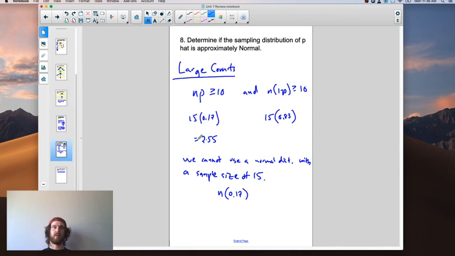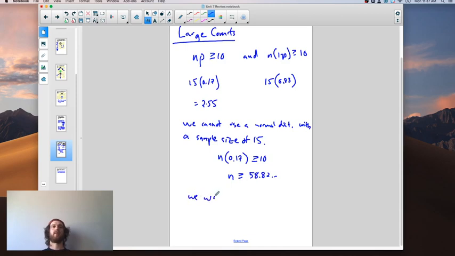Because that's going to be the limiting factor. When you multiply these two together, you do get bigger than 10, so it's not a problem. It's this one that's the problem. So you say n times 0.17 needs to be greater than or equal to 10. If you divide by 0.17, you'll get n is greater than or equal to 58.82. Okay?